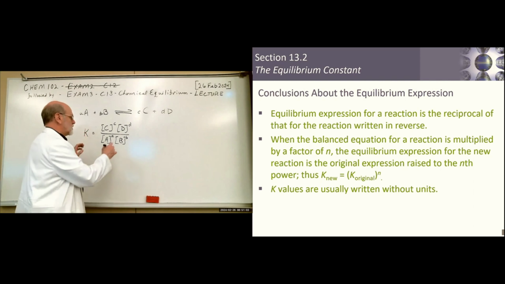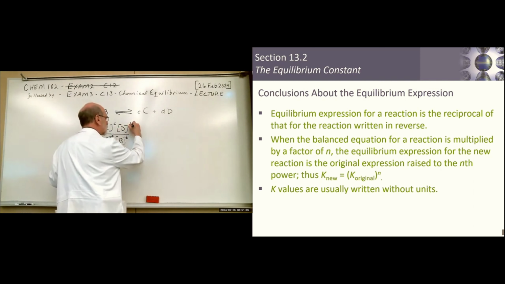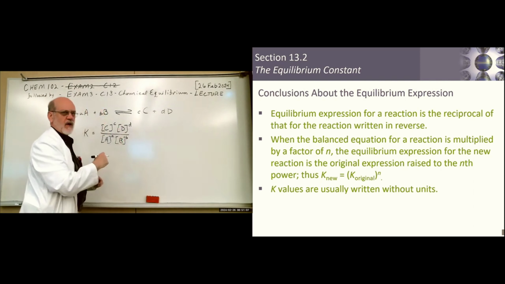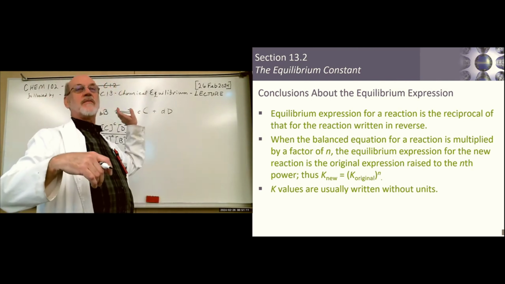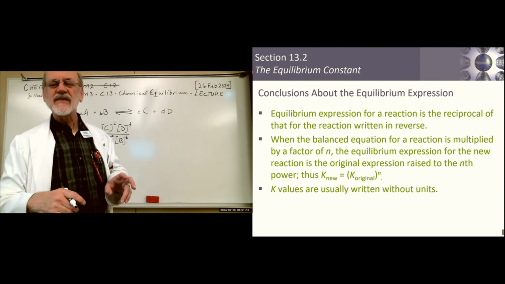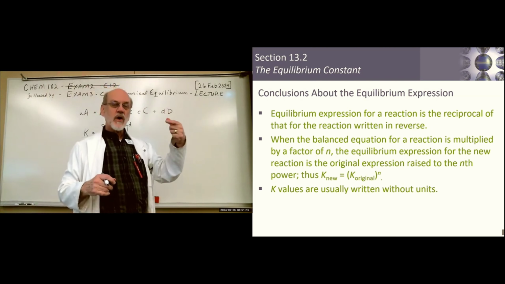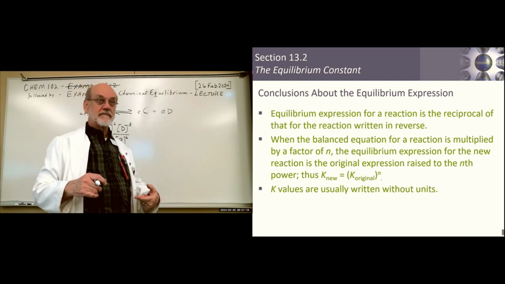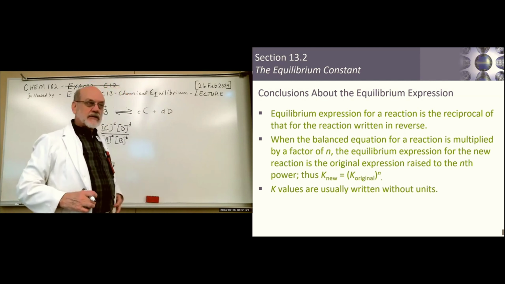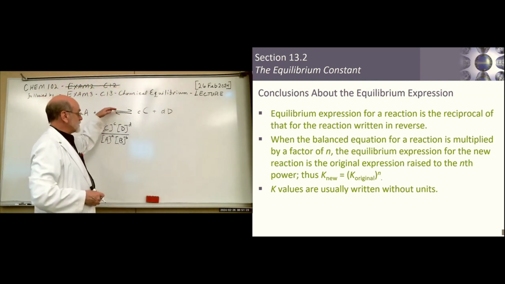What we're going to use, remember Hess's law? Think way back last semester. Hess's law, where we combined equations to determine the enthalpy of the overall equation. Okay. So we can do the same thing with these expressions.